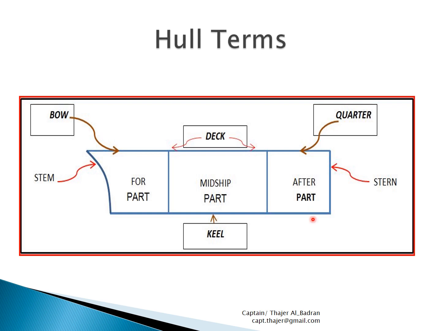The fore part end is the stem, and the after part end is the stern. When standing anywhere inside, when a man faces forward, he is facing the stem, and facing aft, he is facing the stern.